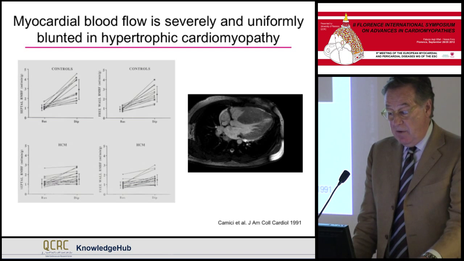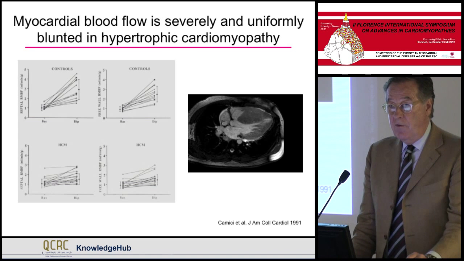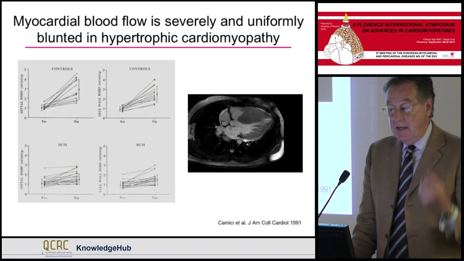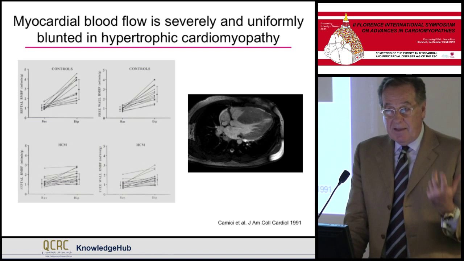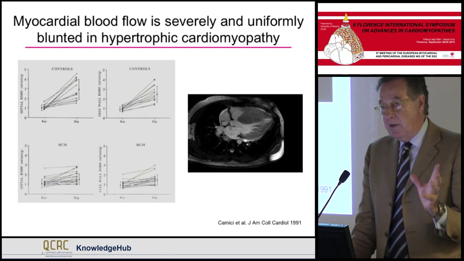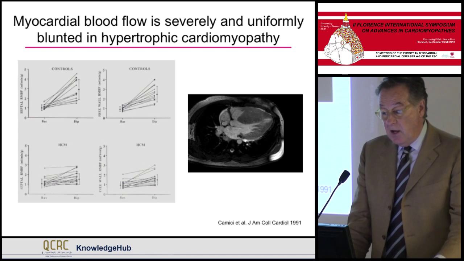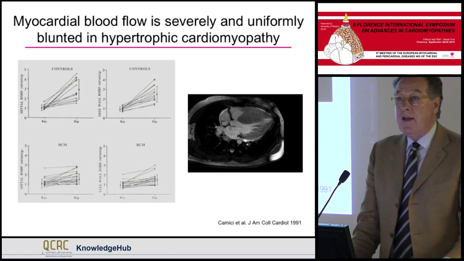And what we found is that in hypertrophic cardiomyopathy compared to normal controls, there was a severe blunting of flow. So flow during hyperemia did not increase as much as in control. But the big thing was these were all ASH, so these were all septal hypertrophies. We found that not only flow was limited in the septum, but also in the free wall.